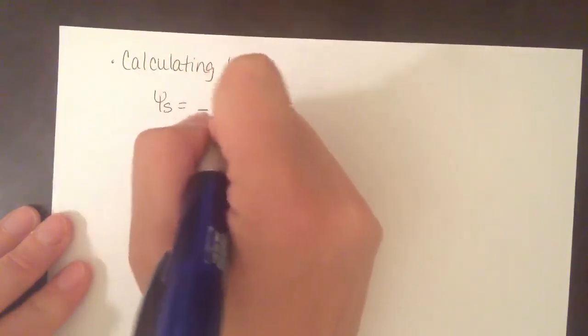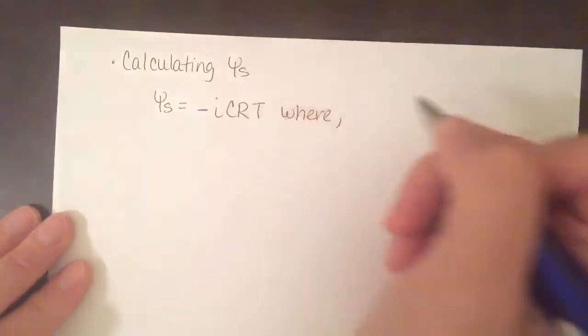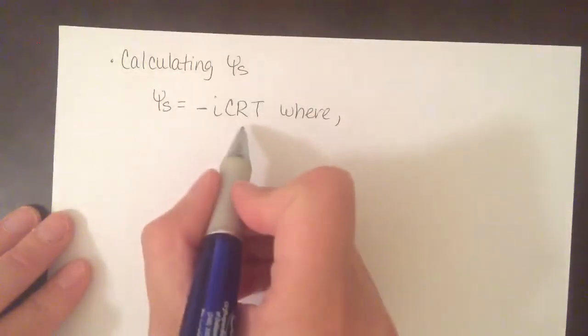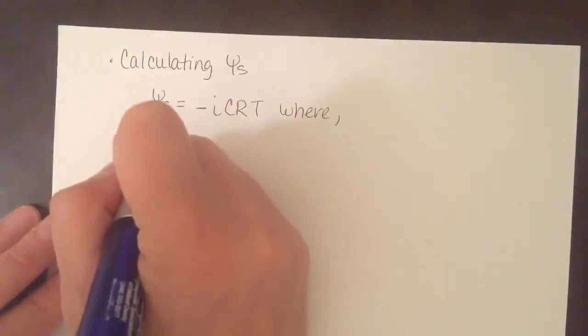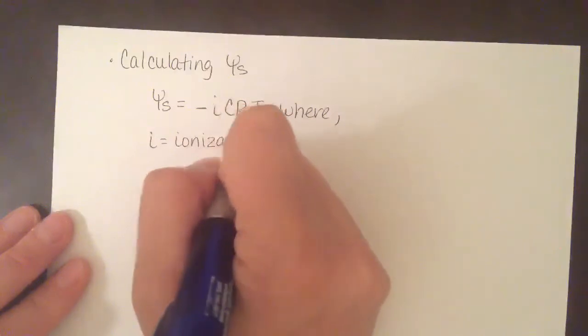All right, and so this is the equation. Solute potential is -ICRT, where, and then I'm going to give you an example, or tell you what these things are. So where I is what we call the ionization constant.